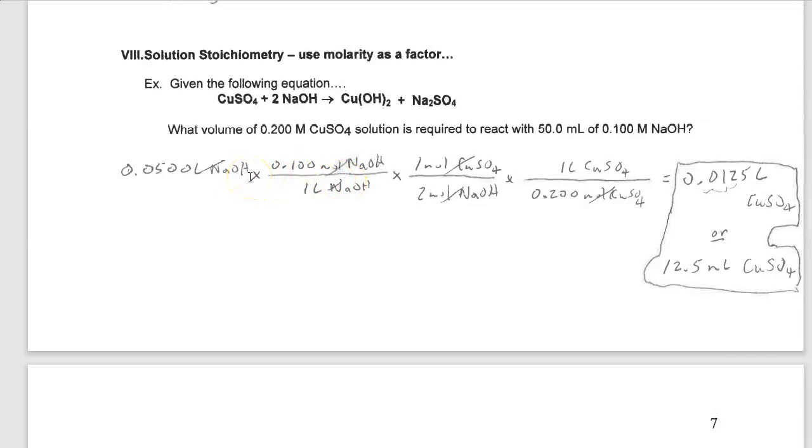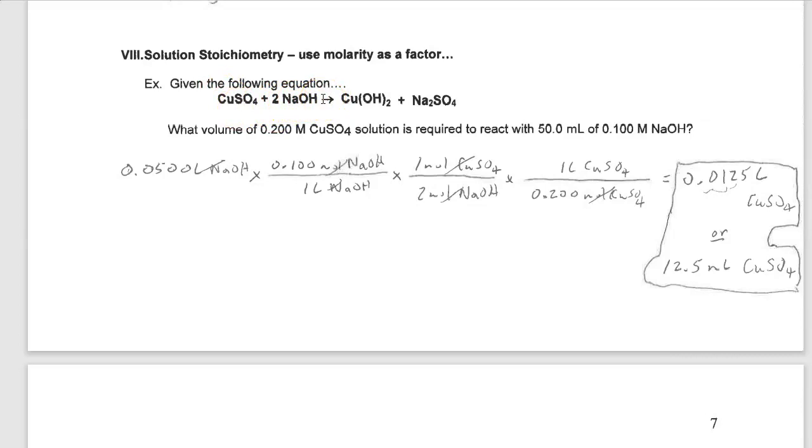Where are we trying to get to? Well, what volume of 0.2 molar copper sulfate? So we're trying to get to liters of copper sulfate solution. We're in liters of sodium hydroxide, and I need liters of copper sulfate. Can I say for every 1 liter of copper sulfate solution, that's going to react with 2 liters of sodium hydroxide?